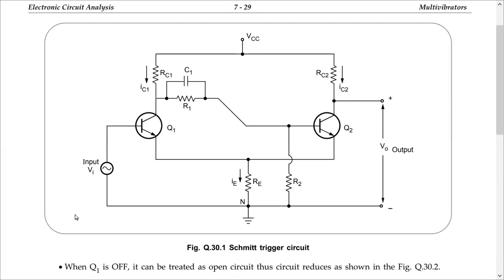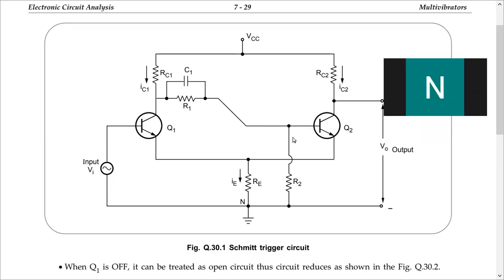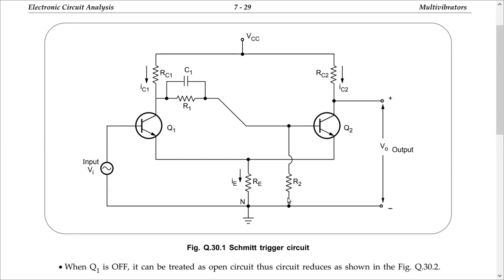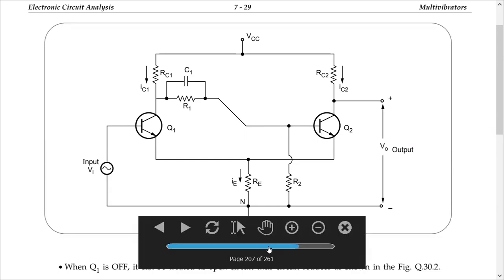Switch on VCC without giving any input. What happens here is that VCC is connected to the transistor Q2, and no negative voltage is connected to Q2.